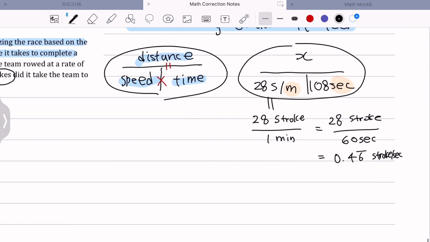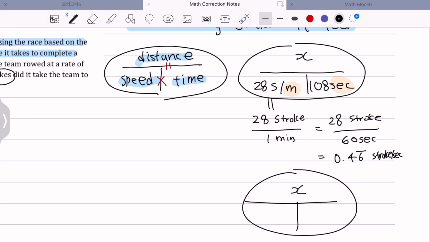So if you rewrite this formula, it would be x equals 0.46 strokes per second times 108 seconds.